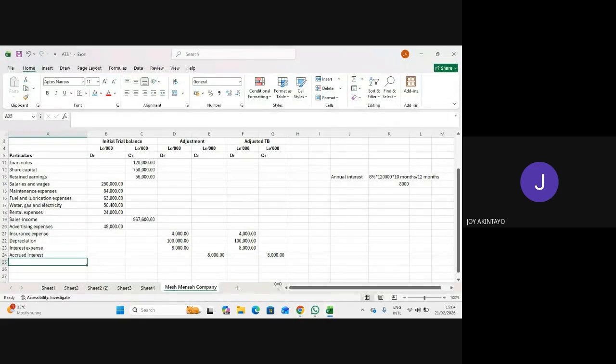So we say unearned income. We see it as unearned income. The company has not earned it, abi?